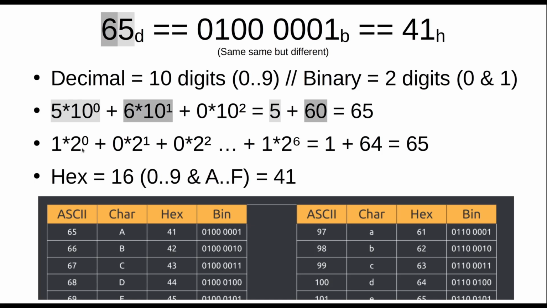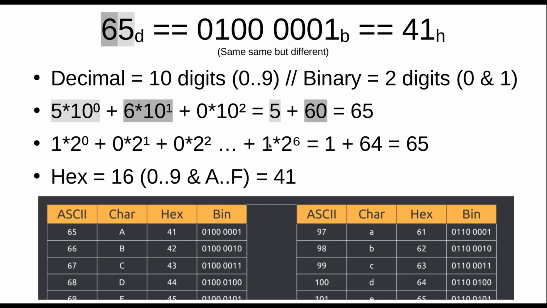So at position 0 it's 2 to the power of 0, which is 1, so you have 1 times 1, which is equal to 1. Then you have a lot of zeros, and then at this position number 6, right, it's like 1, 2, 4, 8, 16, 32, 64.